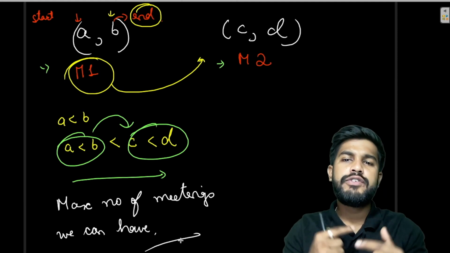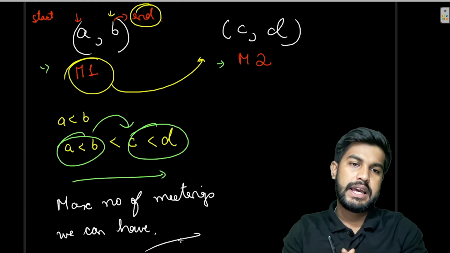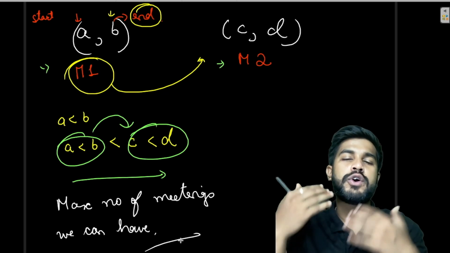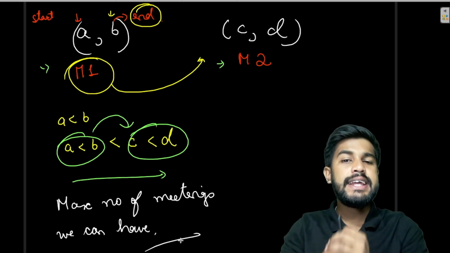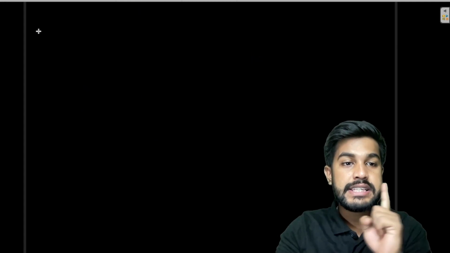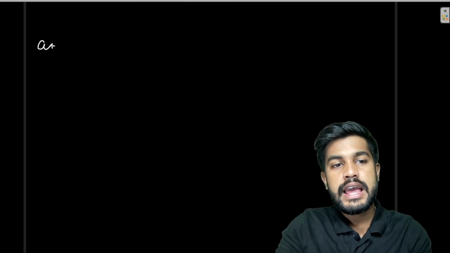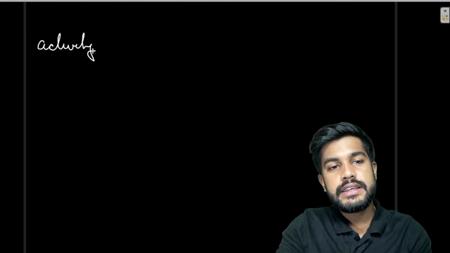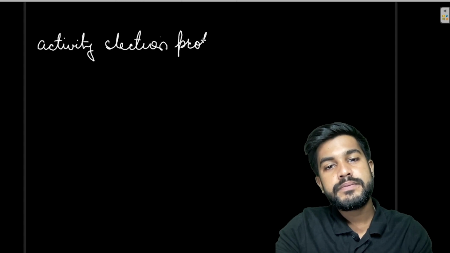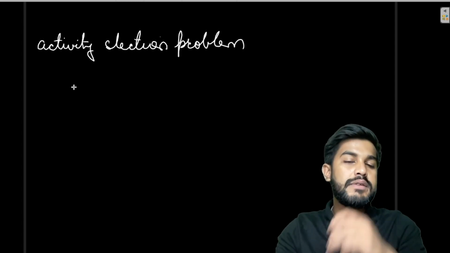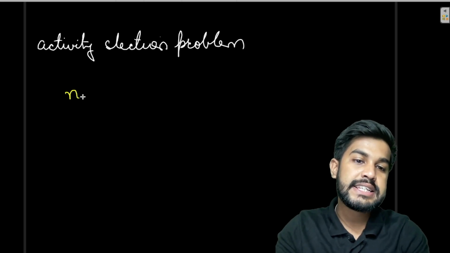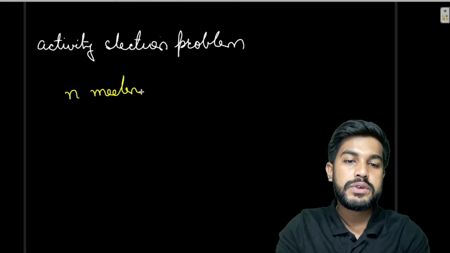Okay. So if you think about this problem and try to recall your memory, if you have solved a good amount of problems, then you would come to the conclusion that this question is a variation of the activity selection problem, and on many coding platforms it is also mentioned as n meetings in a room.